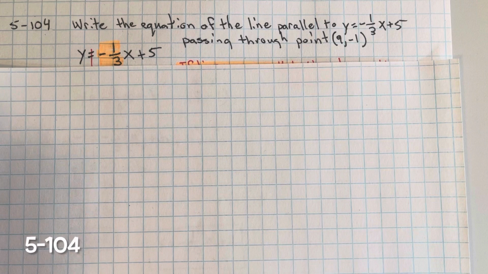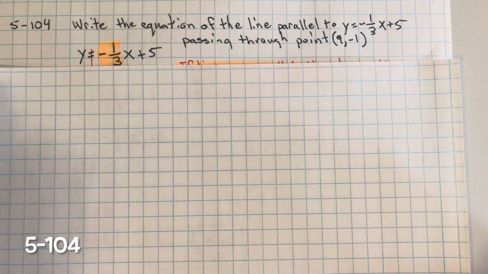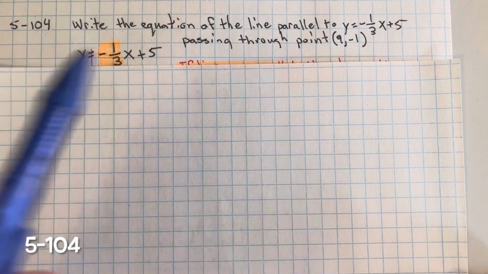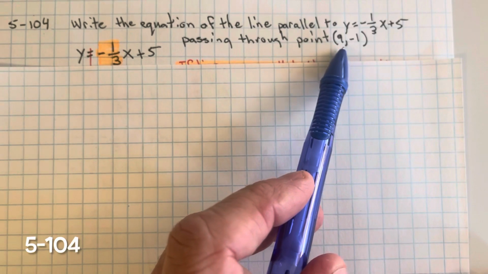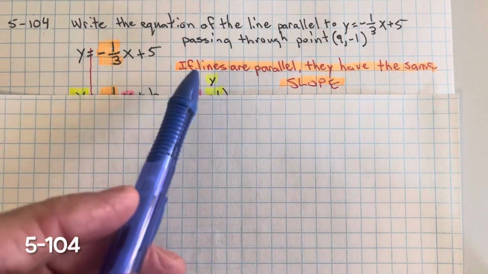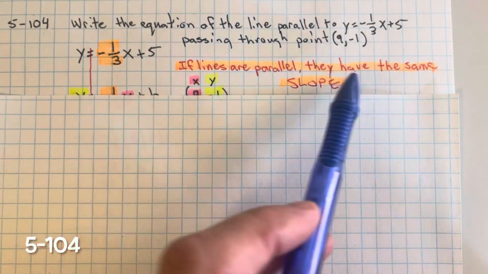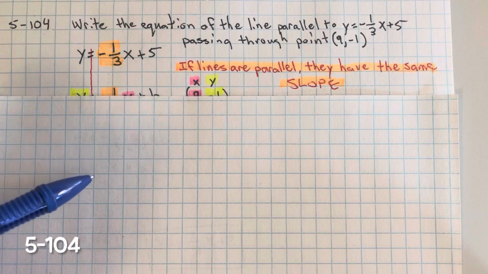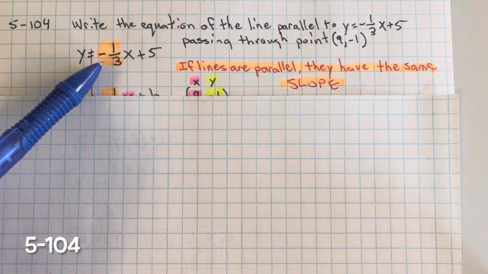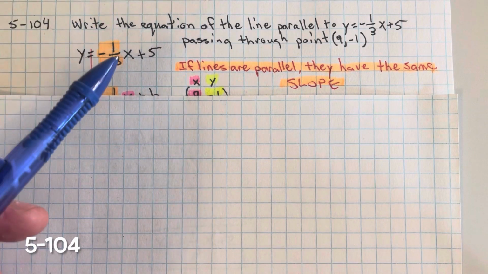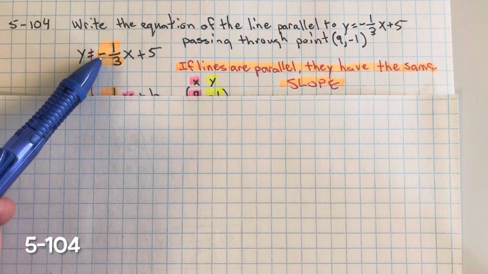Problem 5-104, write the equation of the line parallel to y equals -1/3 x plus 5, passing through point (9, -1). So if lines are parallel, they have the same slope. Remember, rise over run. If they have the same rise over run, whether it's positive slope or negative slope, they will be parallel.